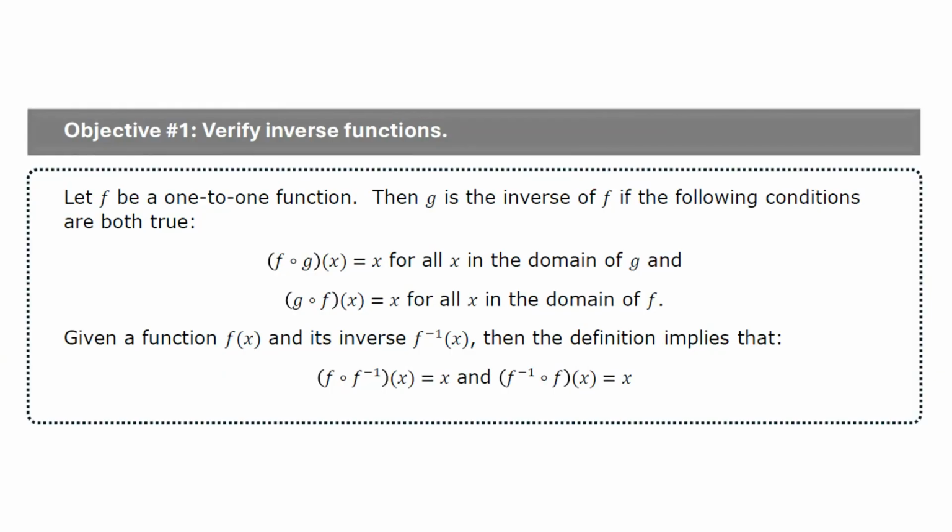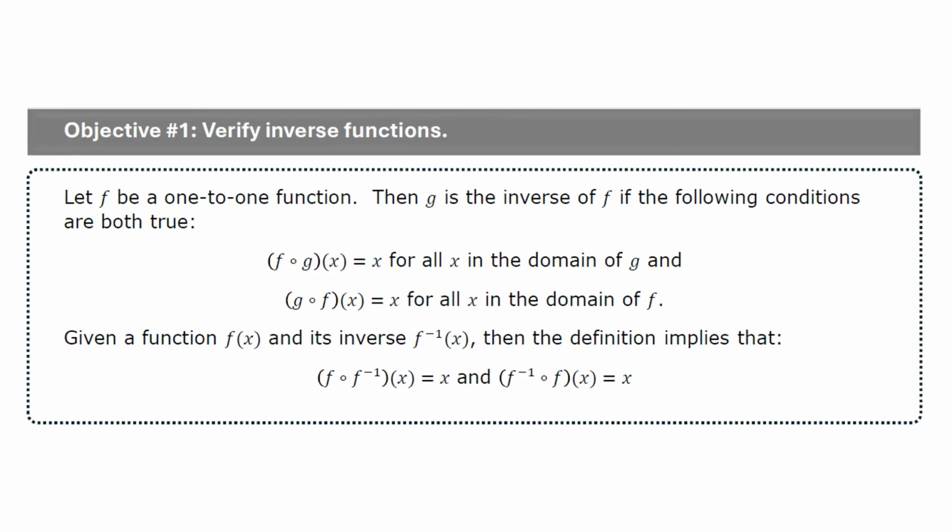Objective 1, verify inverse functions. So we're going to let f be a one-to-one function, then given g, g is the inverse of f if the following conditions are both true. f composition g of x equals x for all x in the domain of g, and g composition f of x equals x for all x in the domain of f.